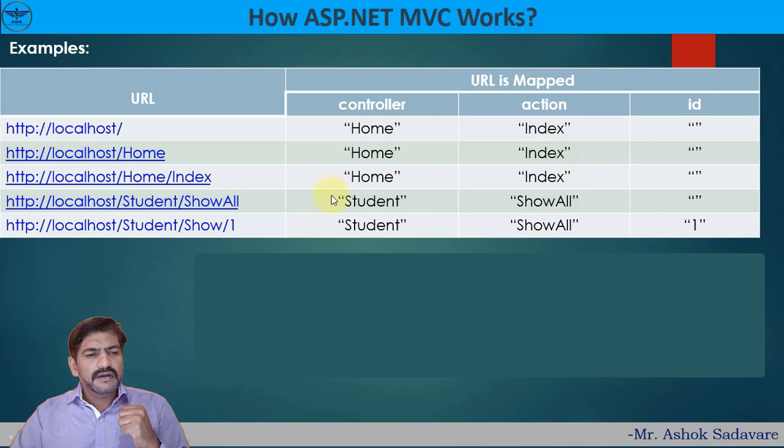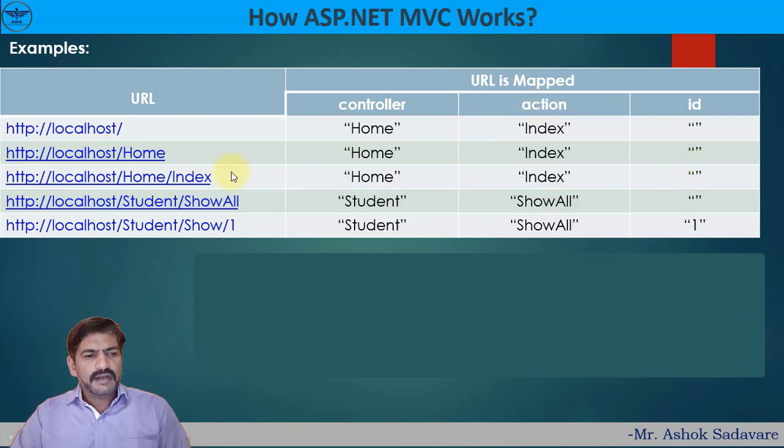If the user requests the page by passing this URL as http://localhost/home, then this URL is going to map as the name of the controller is home, okay, action name as index by default, and ID is empty.